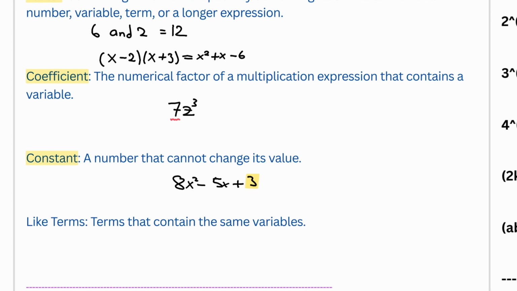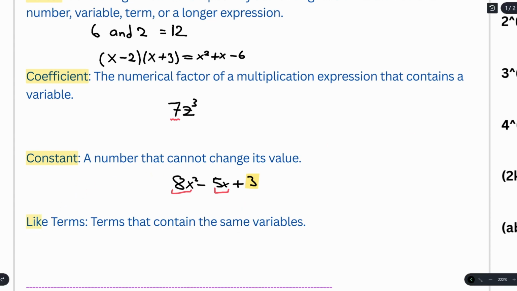Depending on the x, however, the first term and the second term can change their value, right? If x was 1, this term would be 5, but if x was 2, it would be 10, right?